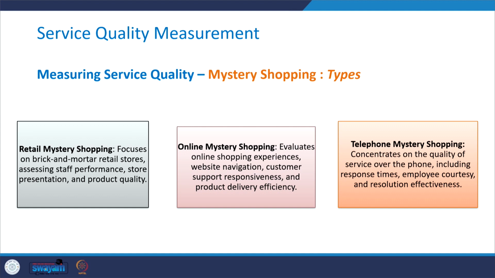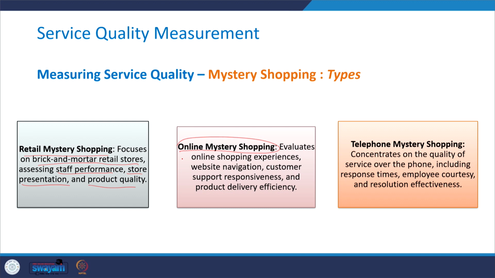Based on different context, mystery shopping can have different types or formats. First here is retail mystery shopping. As the name suggests, it focuses on brick and mortar retail stores, assessing staff performance, store presentation, and product quality. Another type is online mystery shopping.